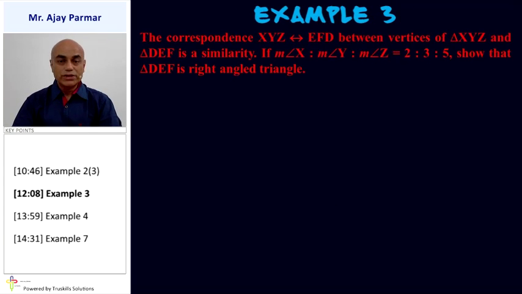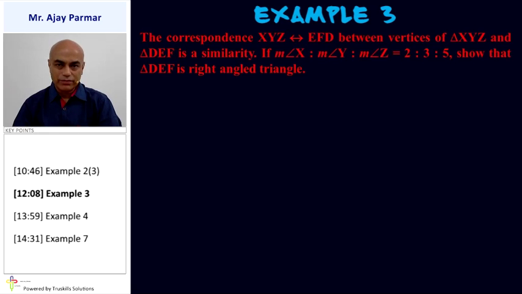For correspondence XYZ to DEF between triangle XYZ and triangle DEF is a similarity. Measure angle X is to measure angle Y is to measure angle Z is going to be 2:3:5. We want to show that triangle DEF is a right angle triangle.